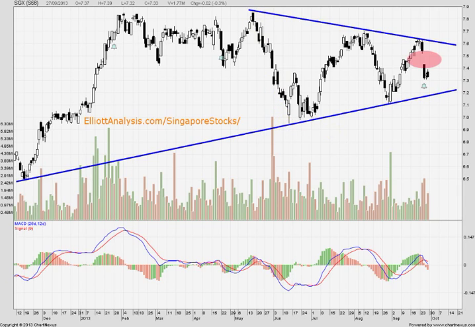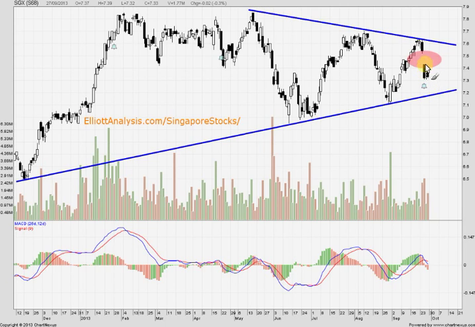Now the other point to note is that within this subwave we have the first wave, second wave, third, fourth and fifth. So the contracting triangle is likely over, and price has now headed lower. And not only that, it headed down in a dramatic fashion here.